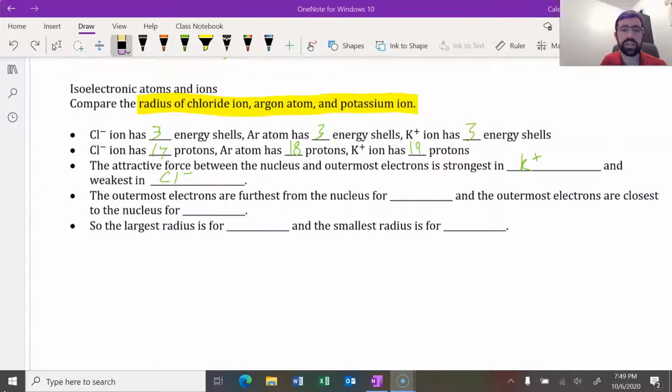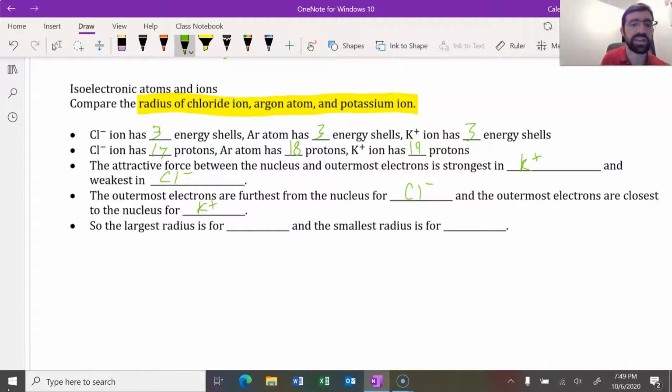Okay, the outermost electrons are farthest from the nucleus for Cl-. Whoops, I'm sorry. Missed my pen there. Okay, so the outermost electrons are going to be furthest from the nucleus for the Cl- ions, and the outermost electrons are closest to the nucleus for the one that has the strongest attraction, which would be K+.